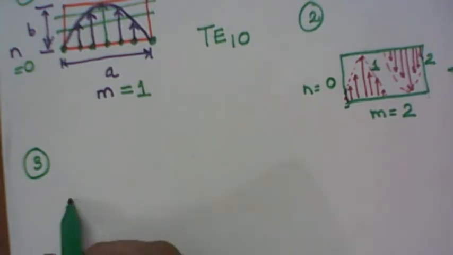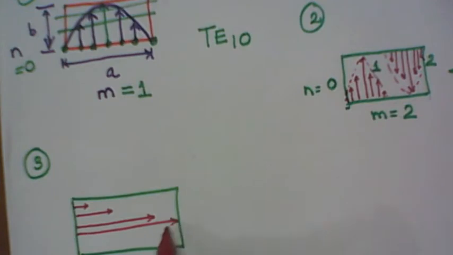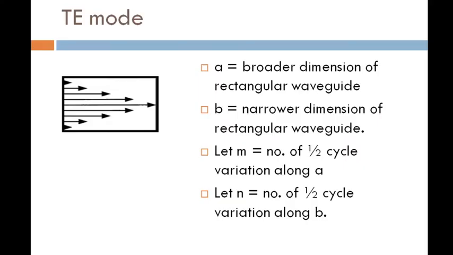So this is my rectangular waveguide, and I am having the input of the signal in this format, like this.